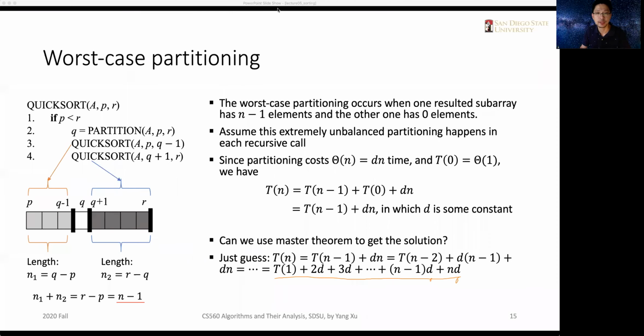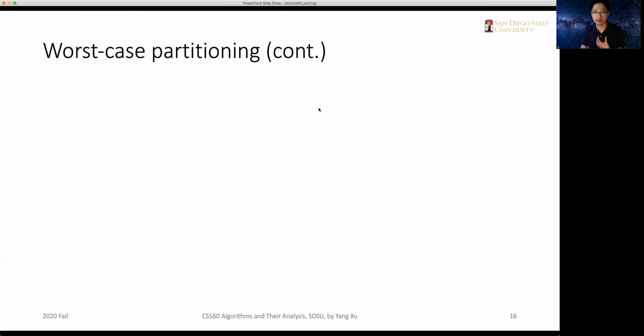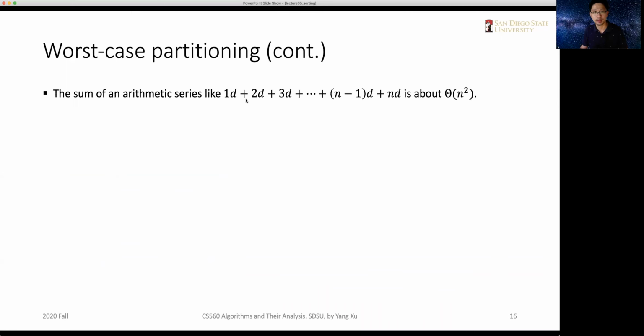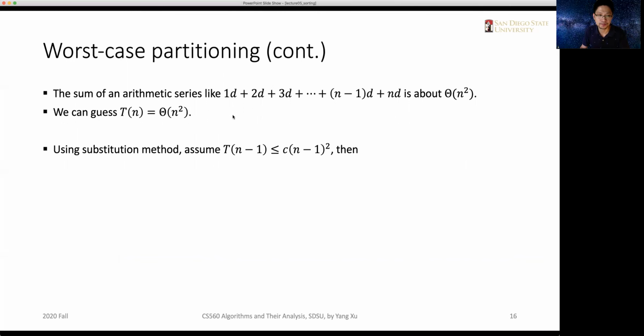And the summation of an arithmetic series can be expressed by some quadratic function. So our guess is that T(n) should have an upper bound, and actually in this case the tight bound, as a quadratic function, okay?